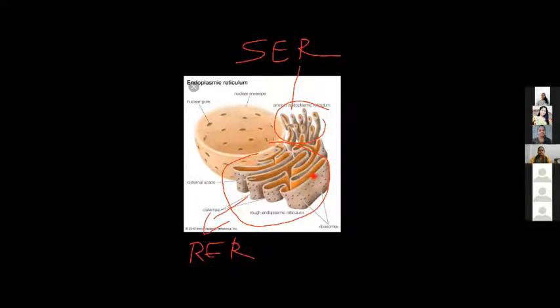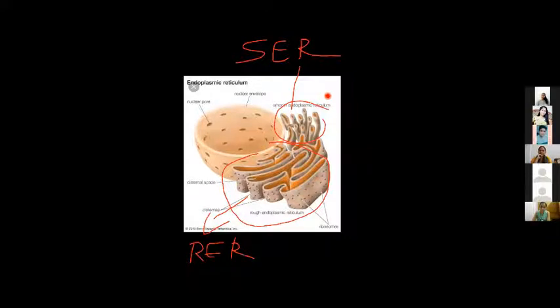In the smooth endoplasmic reticulum, ribosomes are not present, so it is called smooth. The ribosome is a factory of protein, so it releases protein, and the smooth endoplasmic reticulum produces lipids and many more enzymes.